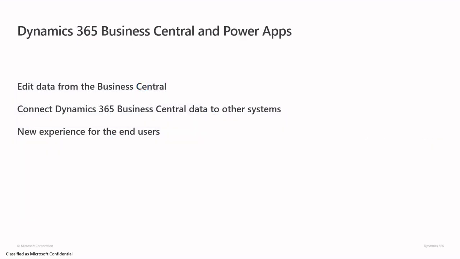So now we know what Business Central is, and what Power Apps and Common Data Service are, and we can see how we can integrate these two tools. When we speak about integration of Dynamics 365 Business Central and Power Apps, what we will show you later in the demos is that we can easily edit the data from Business Central with Power Apps. We will edit data, create new records in the tables and so on.